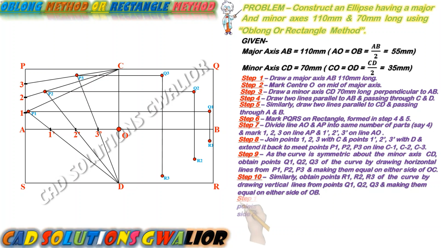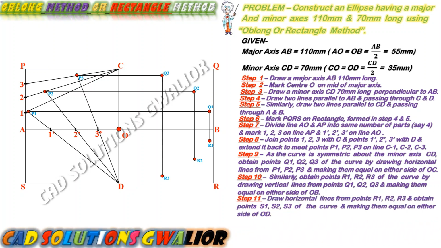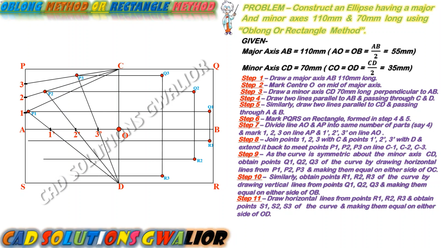In step 11, we will mark the new points S1, S2, and S3 by drawing horizontal lines from points R1, R2, and R3 as in the previous two steps.